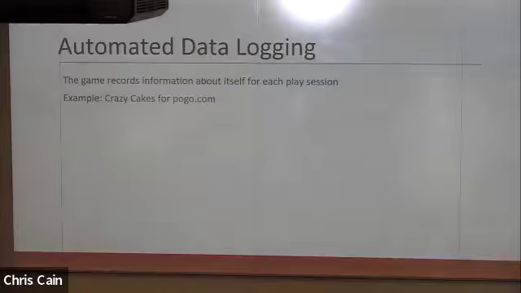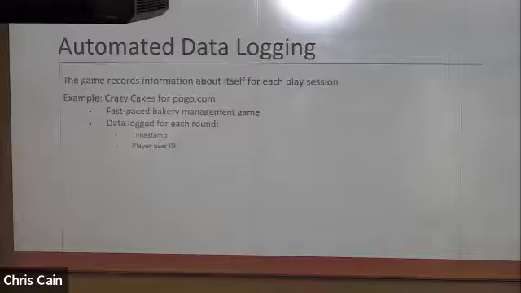So Crazy Cakes is a fast-paced bakery management game, and data logged for this are things like the timestamp of the log, the player user ID, so that way we can load up their account since it's timestamped. If you have any historical reference to save data, then you can load up the exact save file that they were using at the time that something happened.